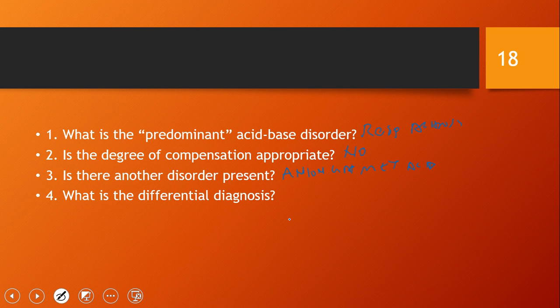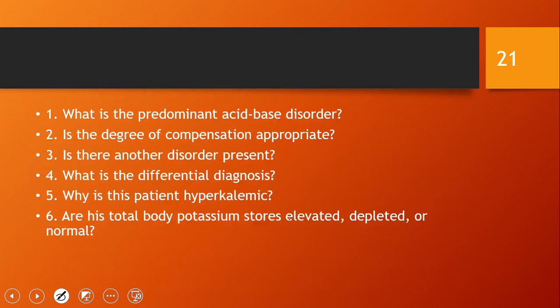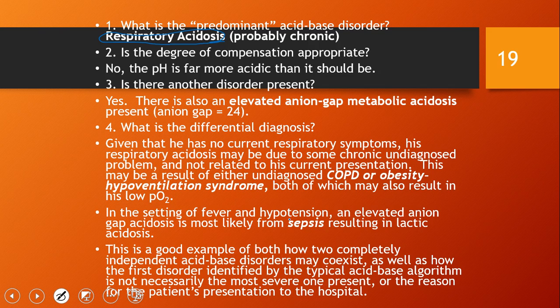Anyway, hopefully you're kind of getting the hang of what's happening here. And there's some more here, but I think we've got the general idea of what's going on. So I may finish up here in a second. So is it appropriate? No. That's what I said. Is there another disorder present? Yes. That was what I was saying. And anion gap metabolic acidosis. Differential diagnosis.